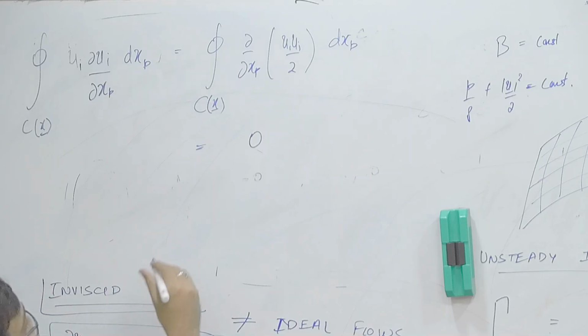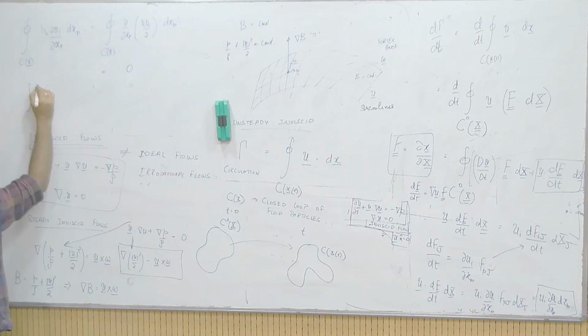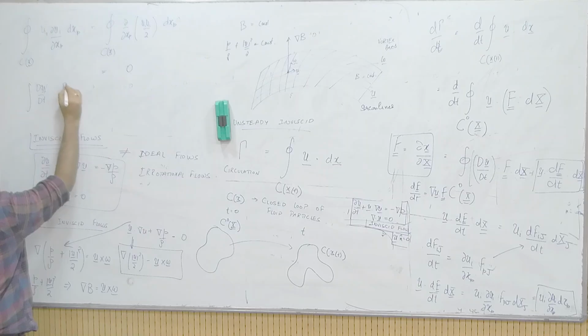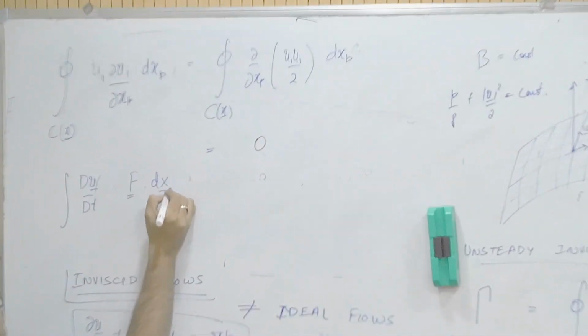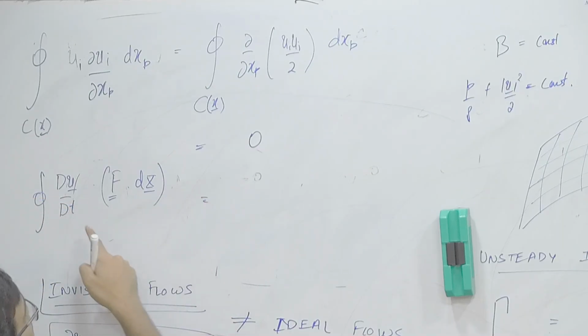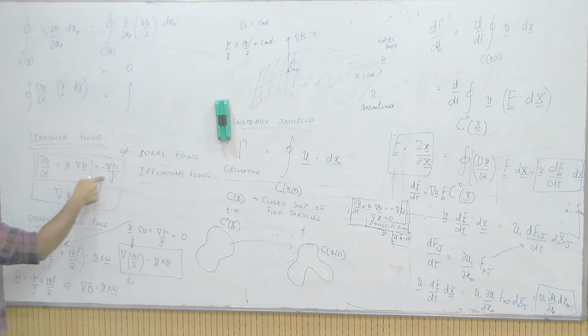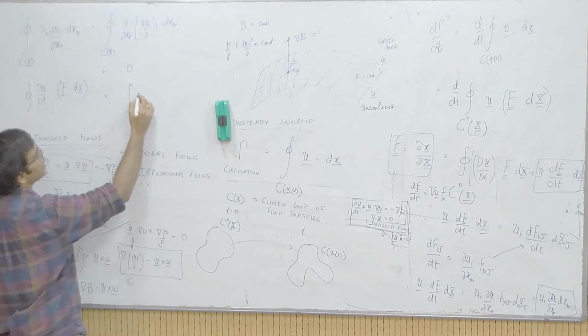The first term, which is du by dt dot with f dx, that is, capital Du by dt, from here for inviscid flows. So we are doing this for inviscid flows.